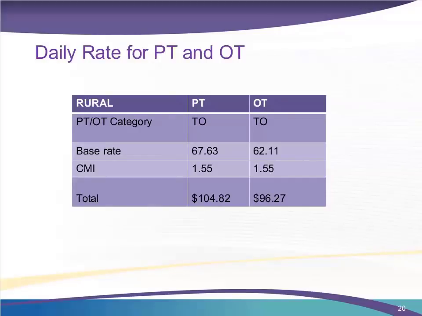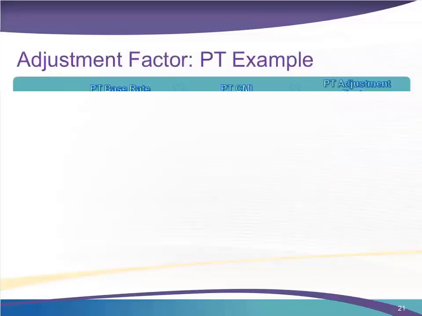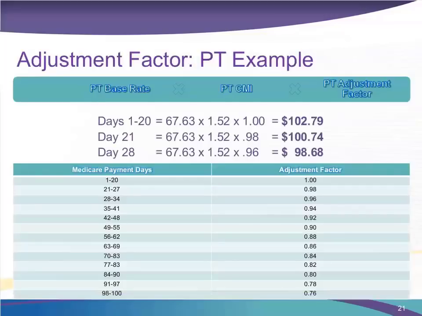The other thing I want to stress, and I know we're all wrapping our brains around this because it's so different than RUGs, is that regardless of whether the patient receives therapy or how much, they're still going to get this rate. All of these components are added up and determined for that daily rate for that patient. And as you continue to join us month by month in all these sessions, it'll all start coming together.